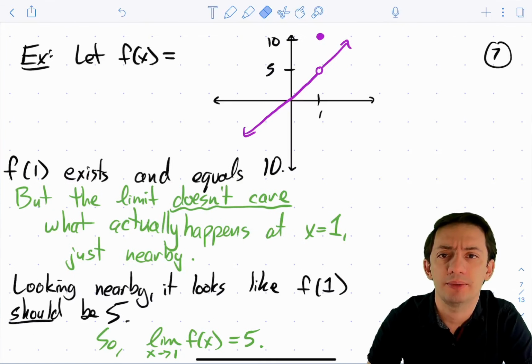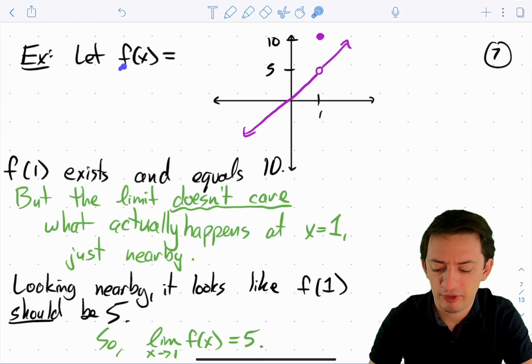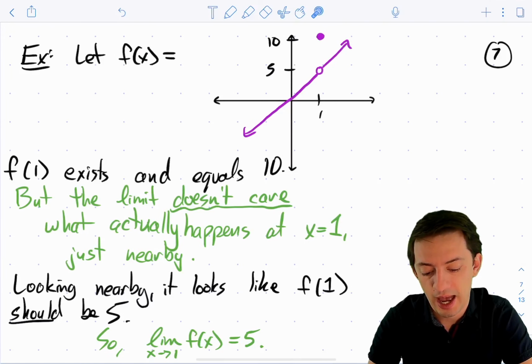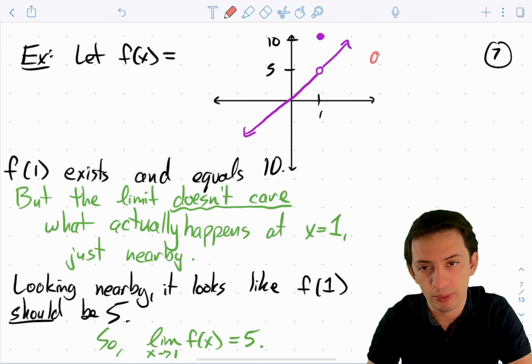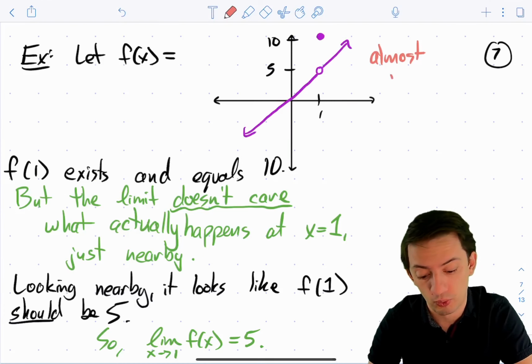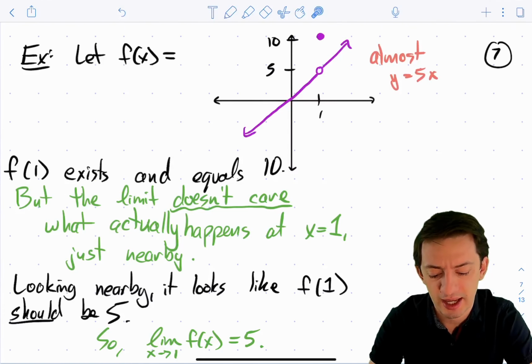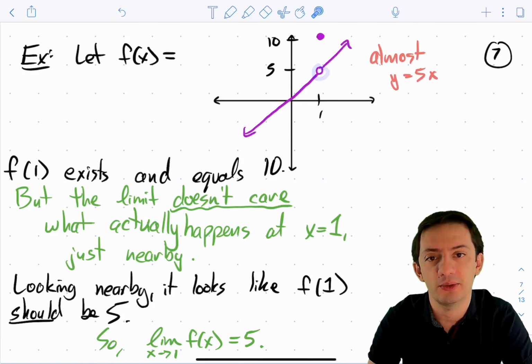Here's another example. This function f of x looks almost exactly like a line. At x value 1, it has height 5, and it goes through the origin. So this is almost, it's not, but it's almost y equals 5x. The only difference is that at 1, it doesn't equal 5.